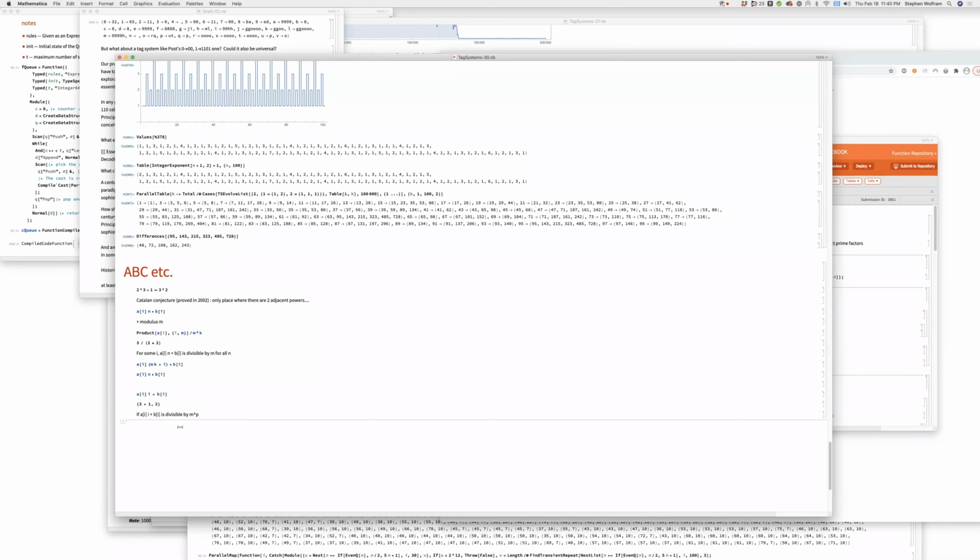No, but look. So in the 3m plus 1 problem, what we've got is the a_i, b_i. So for i equals 0, the values are 1 and 0.